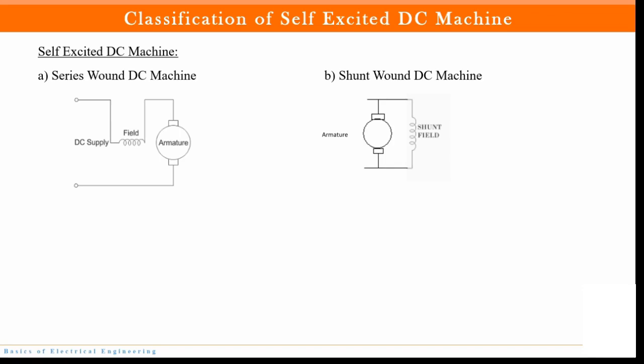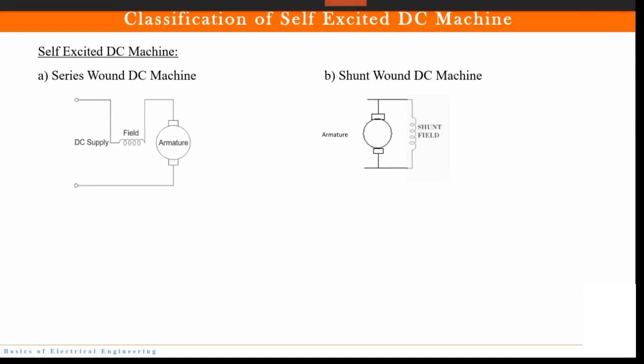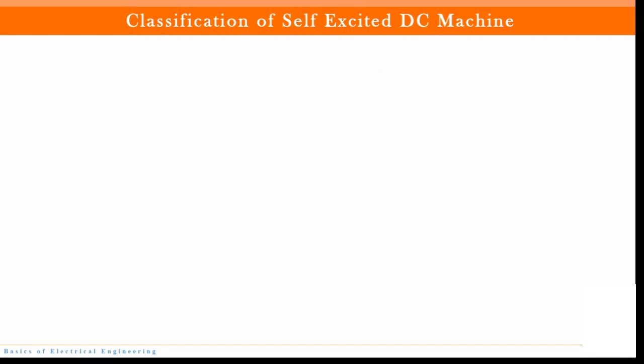Keeping that concept in mind, if you look at the figure, you will understand that here the field winding and the armature are both connected in series, with only one end of each connected together. And here they are connected in shunt, so both the ends are connected together. This is how series and shunt wound DC machines look.